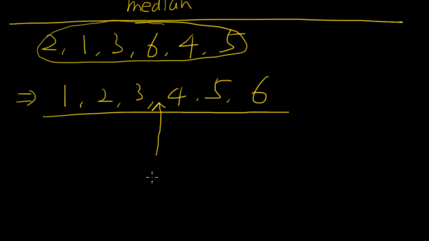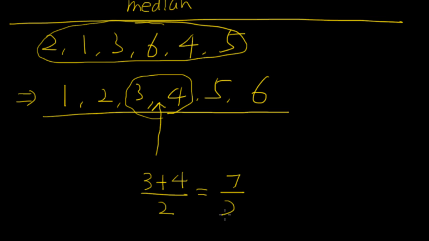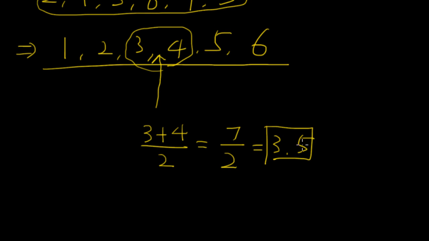Because it's an even number, you take these 2 middle data points, add them up and divide by 2. So it'll be 7 divided by 2, which is 3.5. So 3.5 is going to be the median value. This is the median.